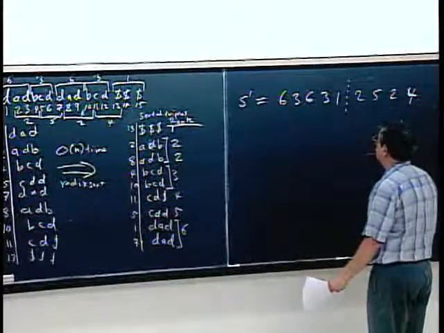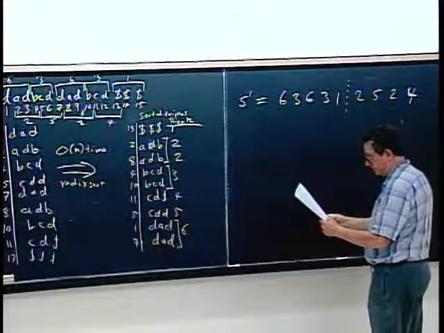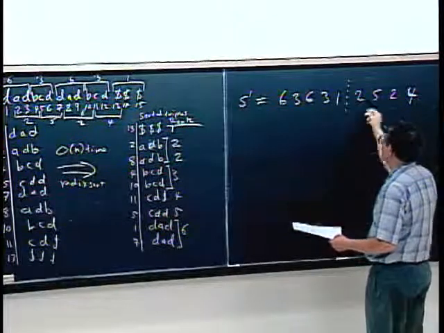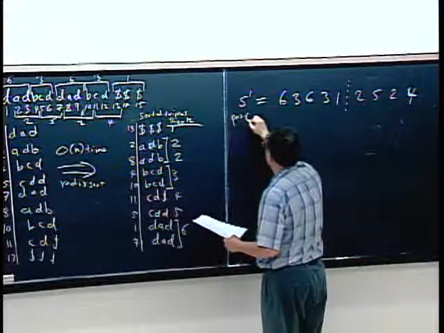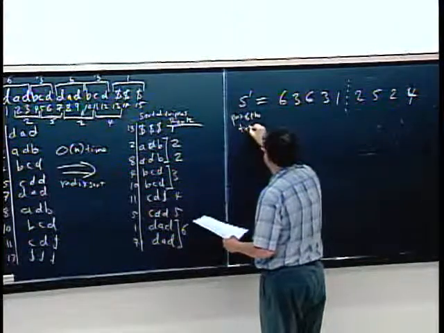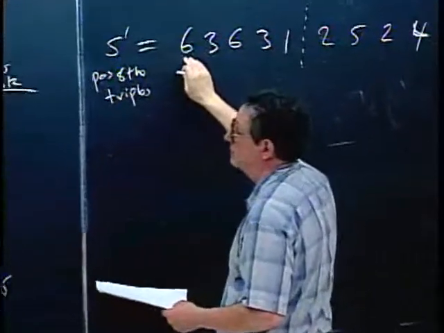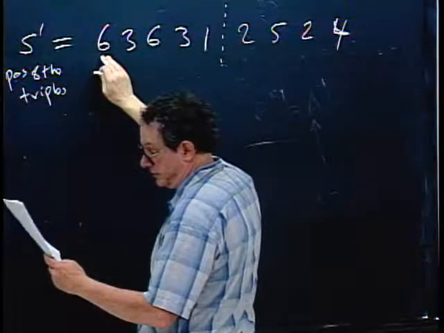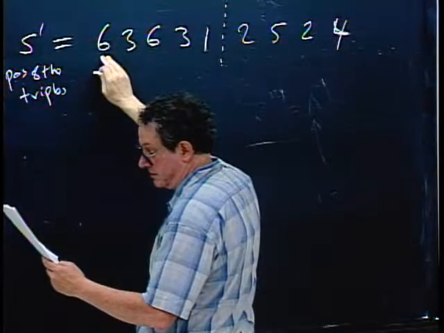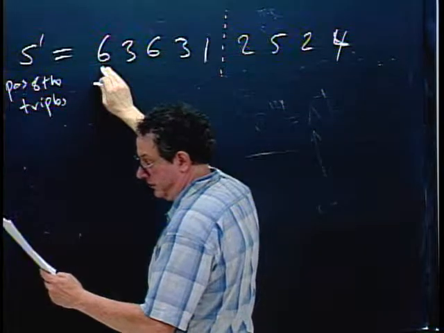And I can also write down the original positions that these triples came from. So this is the positions of the triples. So this 6 came from position, what position did it come from initially? Why do I have a 1 here?